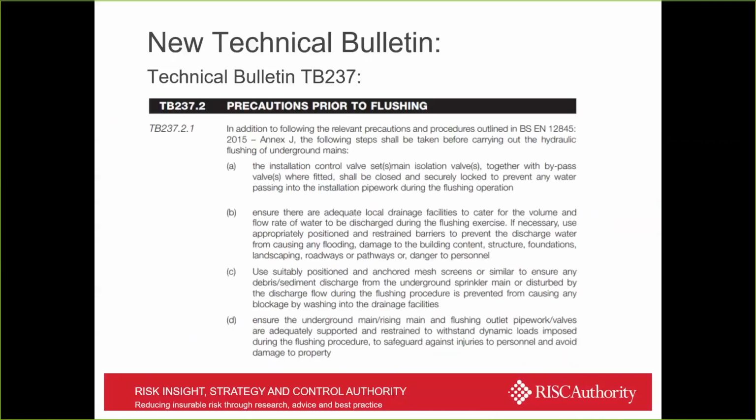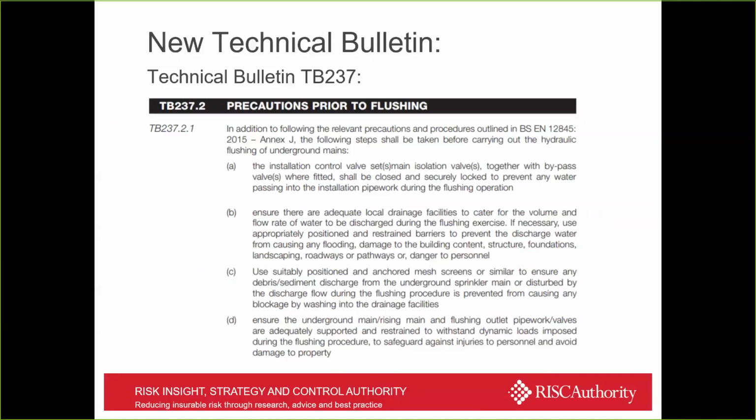So we've just listed a few precautions to consider prior to carrying out that flushing. For instance, there are overriding procedures under Annex J to consider, but more particularly, installation control valve sets, the main isolating valves, together with any valve bypass valves, should all be closed securely to make sure you don't get any flushing water into your system at that stage.